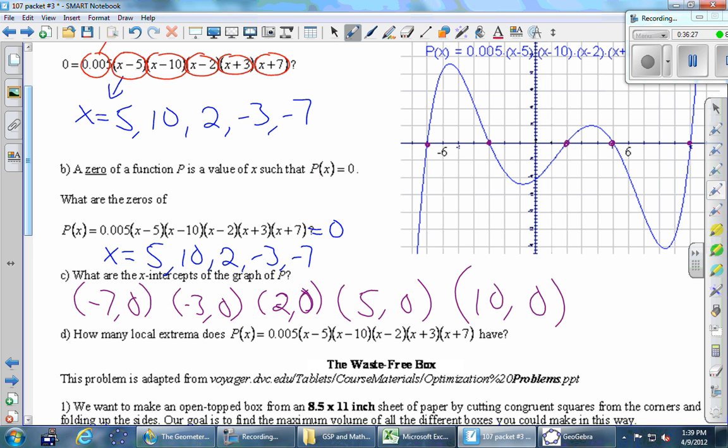What do we notice? What are the x-intercepts? They're the same as the zeros, right? It's exactly the same numbers.